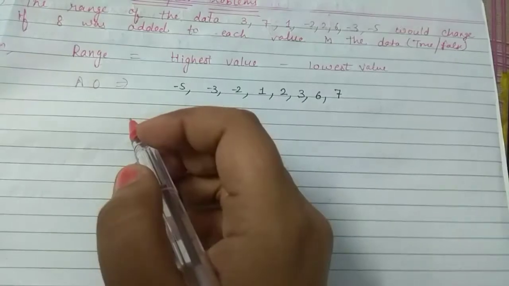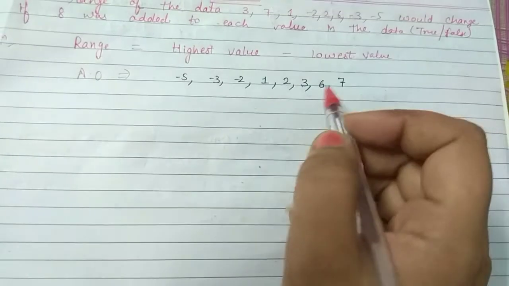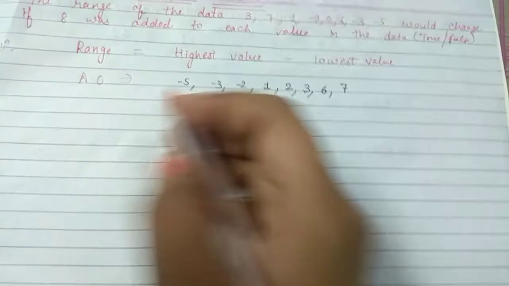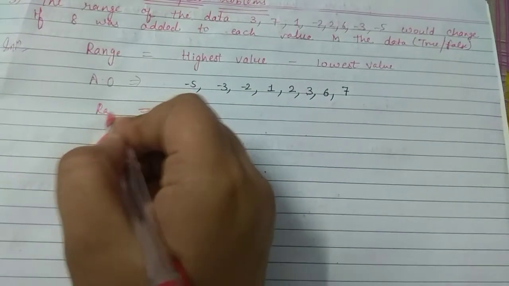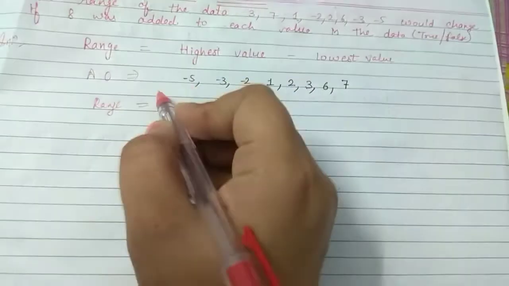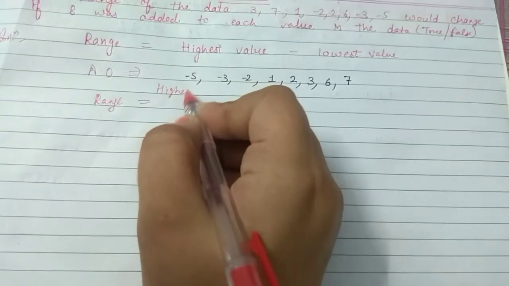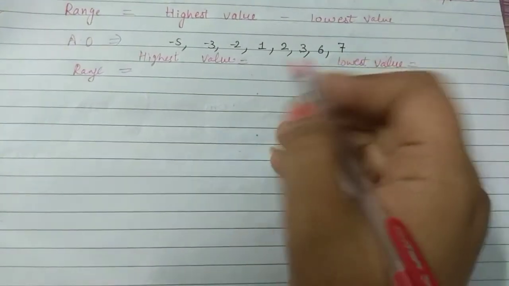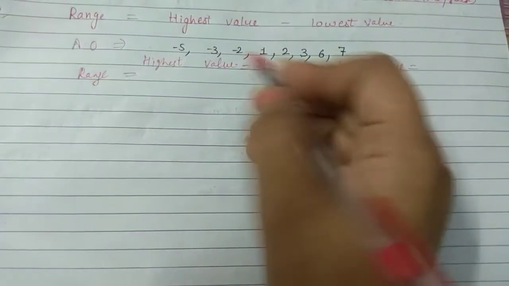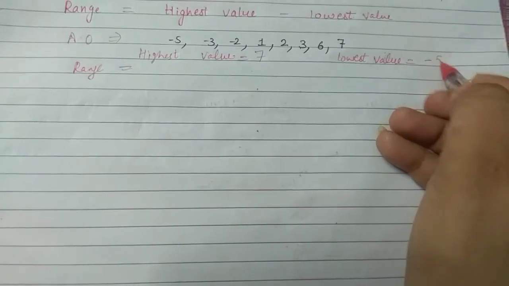So now the highest value is 7, and the lowest value is minus 5. Just write it here. Range equals, we have to mention the highest value and the lowest value. So the highest value in data is 7 and the lowest value is minus 5.